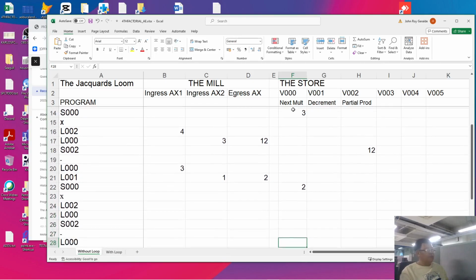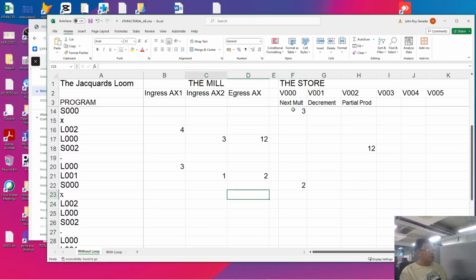We repeat the process by computing the next partial product. We times L002, which is 12, and L000, which is 2, being our next multiplier. 12 times 2 is 24, which stores the value to the egress axis. And then we store this to S002, which is our partial product, which makes it 24.